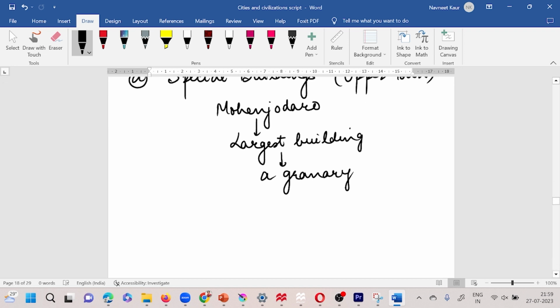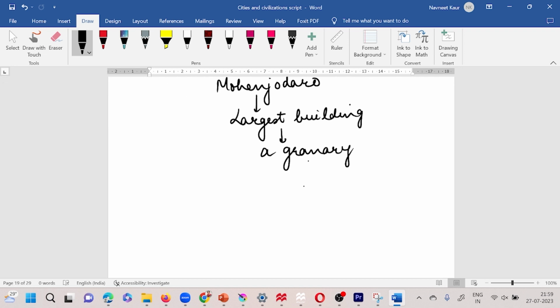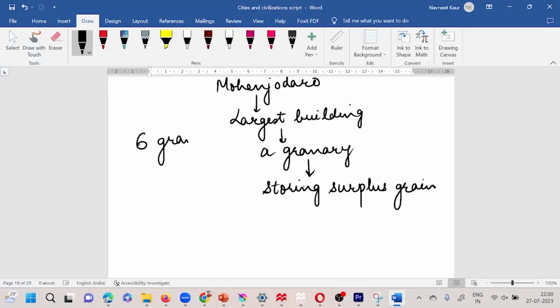And this granary was used for storing surplus grain. The archaeologists found six granaries at Harappa.